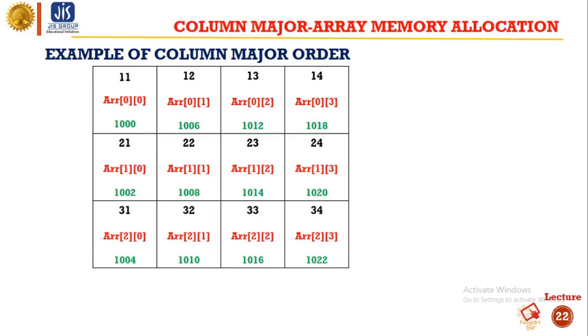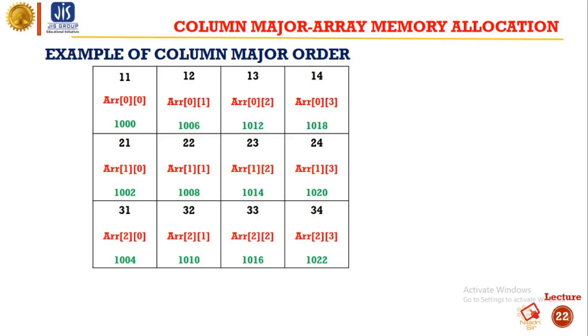As you can see in our previous example, in the case of row major, the addresses were incremented row wise starting from the initial 1000, but in the case of column major, they will be incremented column wise.